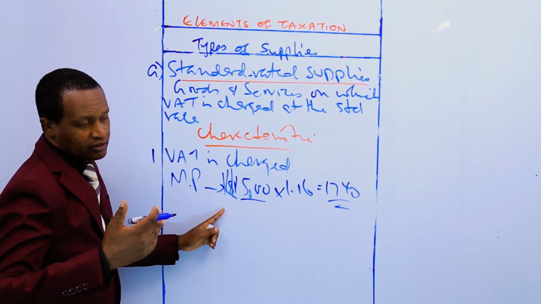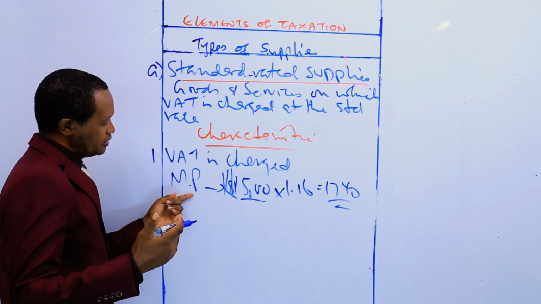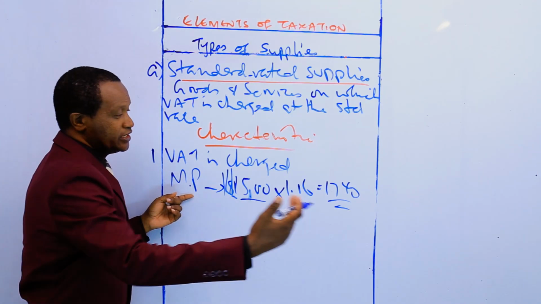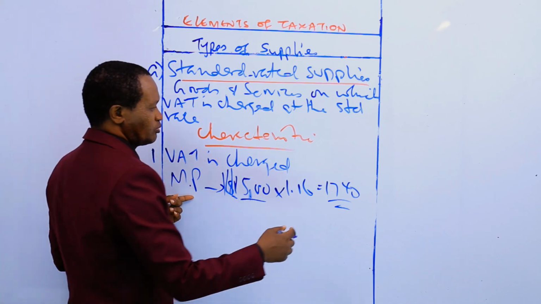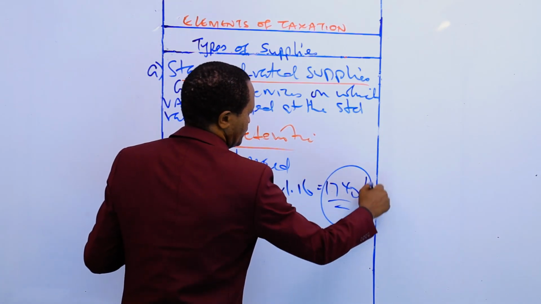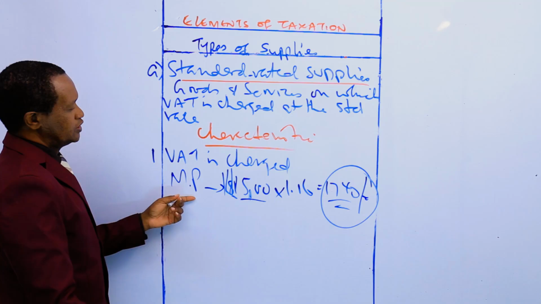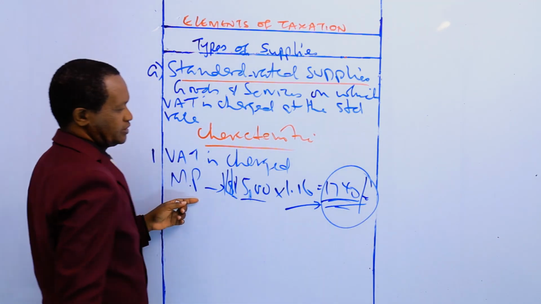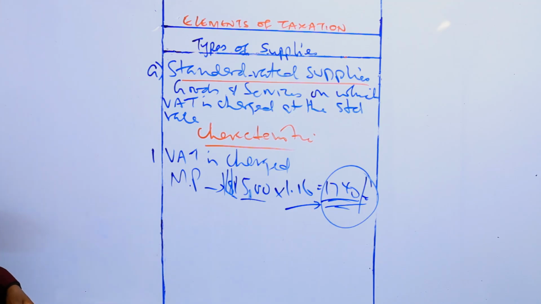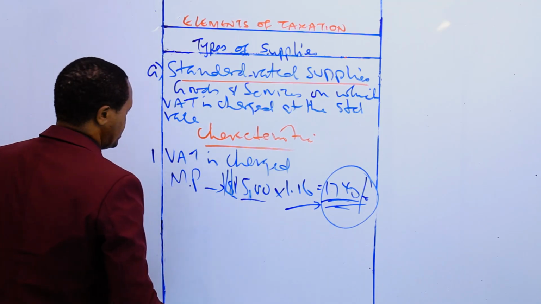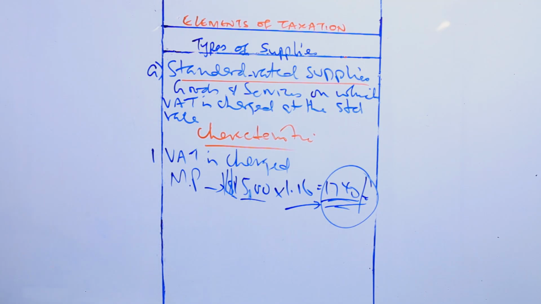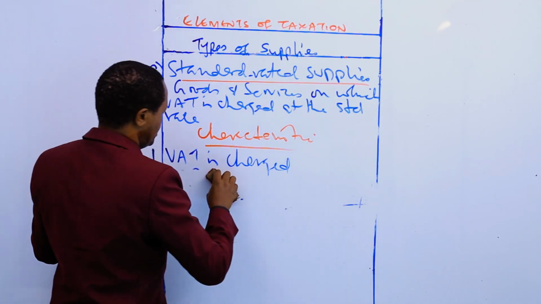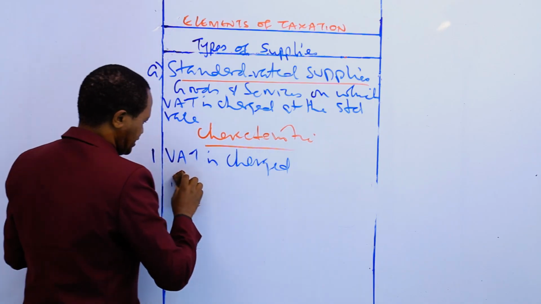The VAT registered person then collects this VAT from the customer, because the book price is inclusive of VAT. That's the first characteristic of standard rated supplies: VAT is charged on these supplies.